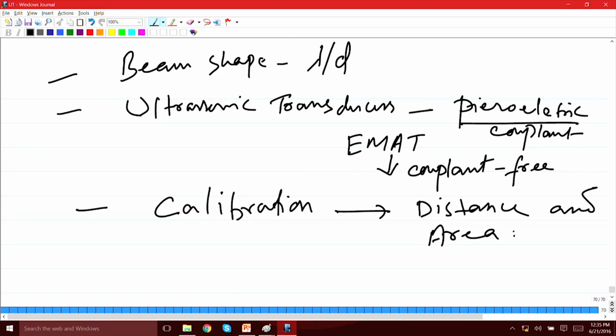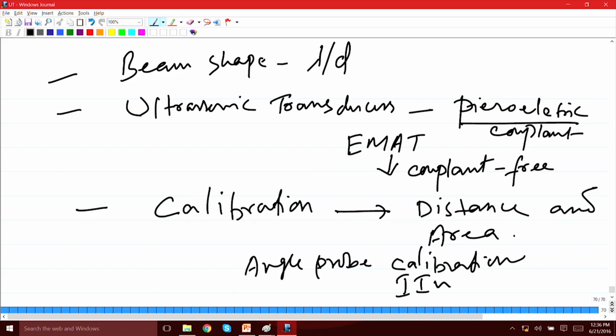And in this we have also seen how the angle probes are calibrated using the IIW reference block. So, these are the different aspects that we have learned about this particular technique, and with this we can close this particular chapter.